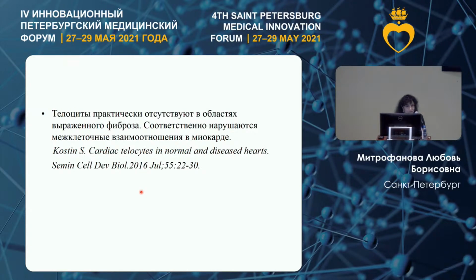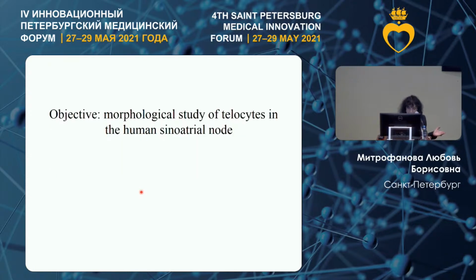One more thing, they were suspected of causing arrhythmias, and Sava Kostin thought that since telocytes are absent in areas with heart fibrosis, then the intercellular relations in the myocardium are worsened, hence there's arrhythmia. That's the first stage of our study.